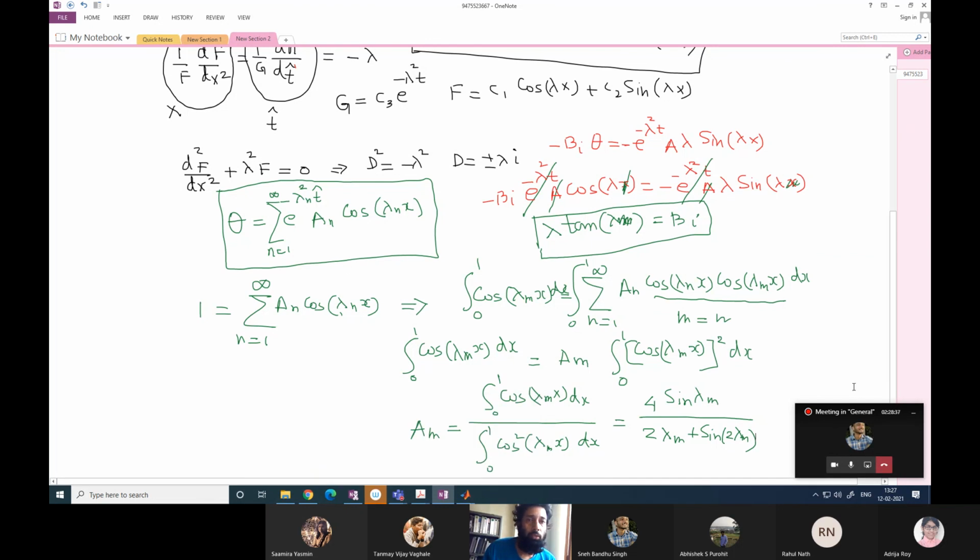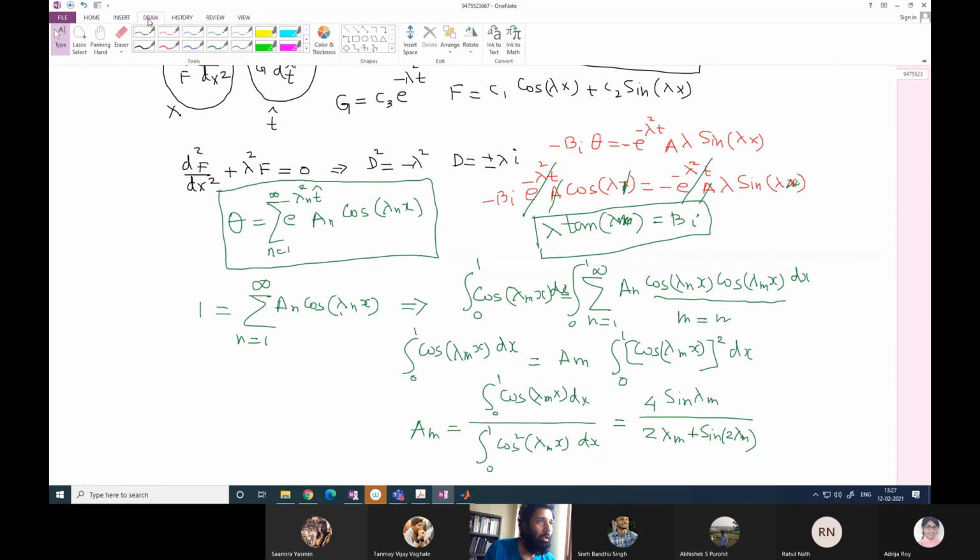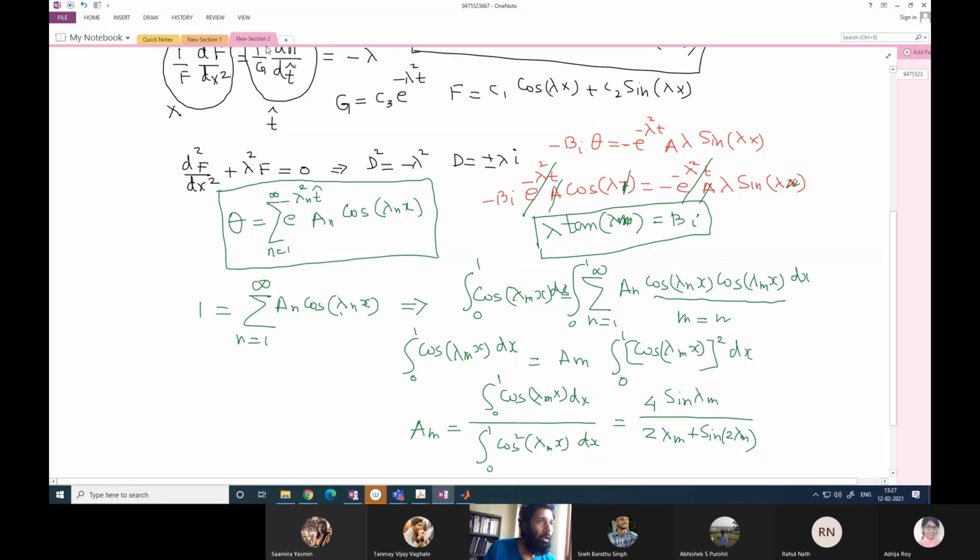So now your task is to look at this portion. Just using the initial condition, we got this equation. I think we are fine with this. Now multiply both sides by cos lambda m x and integrate from 0 to 1.